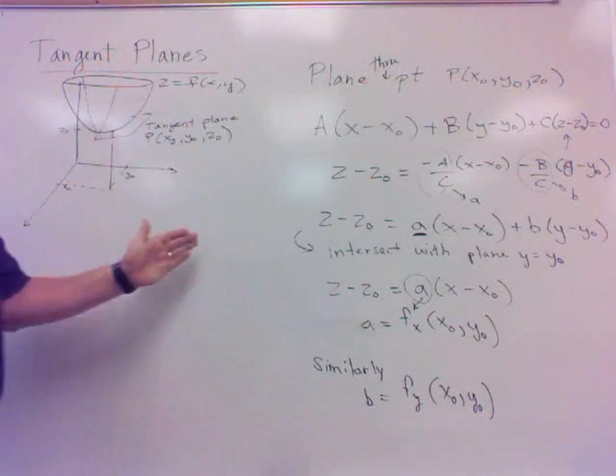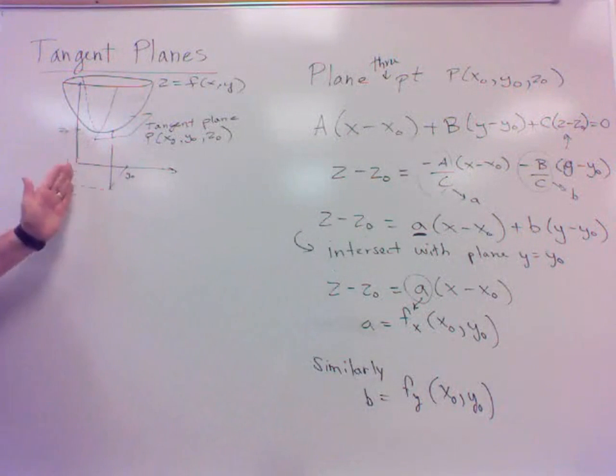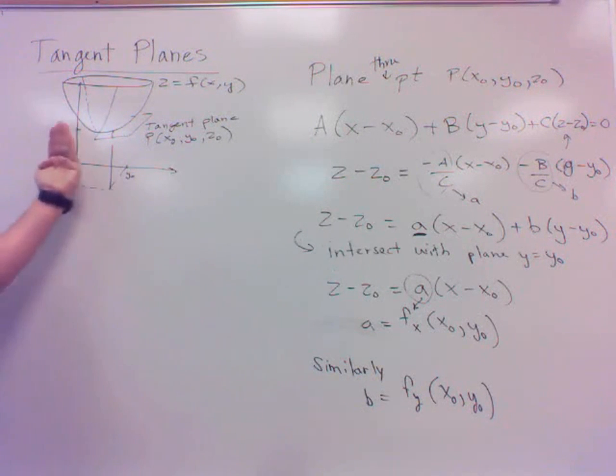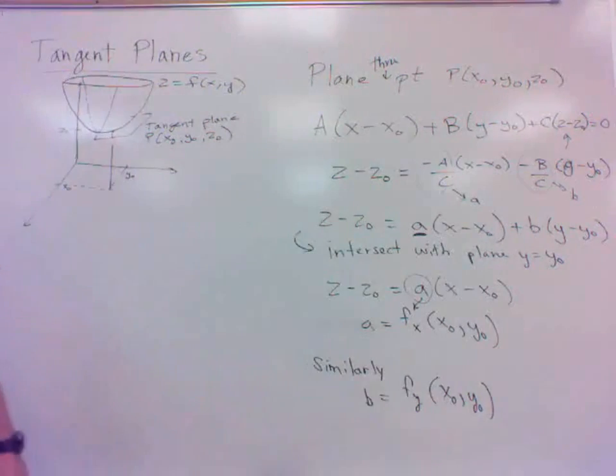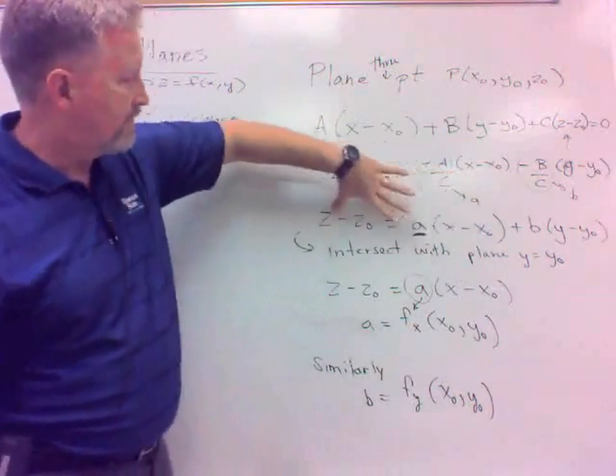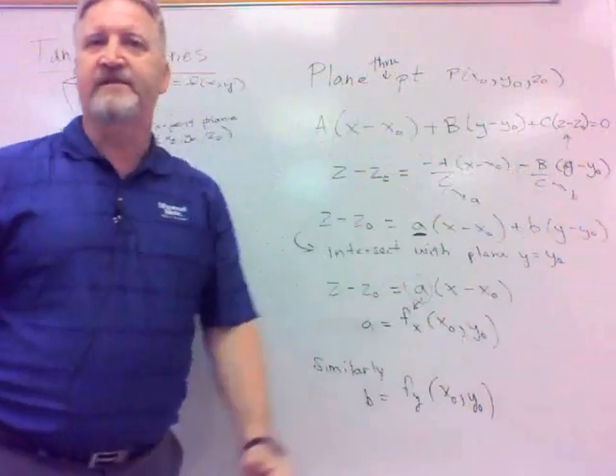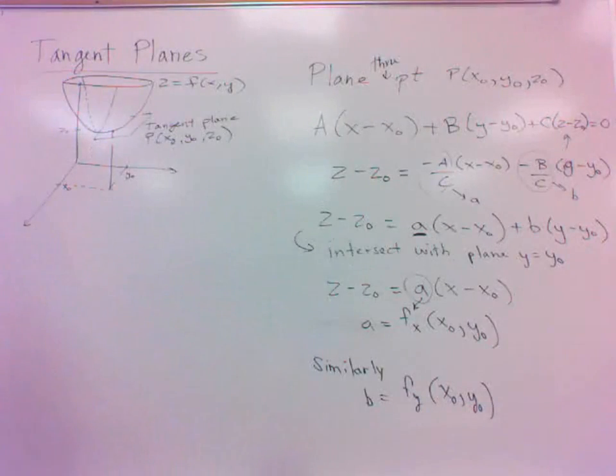Yeah, because in that case we would intersect it with the plane x equals x0 like this right here, and so that's going to give me the tangent line at that x0, and so we'd get rid of this, so we'd have z, and that just gives me the tangent line, and b would be the slope of that, which is the partial derivative with respect to y.